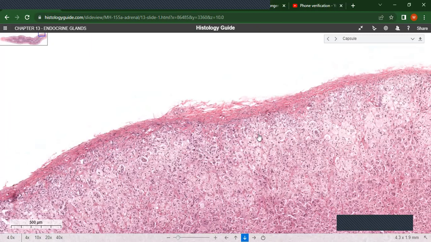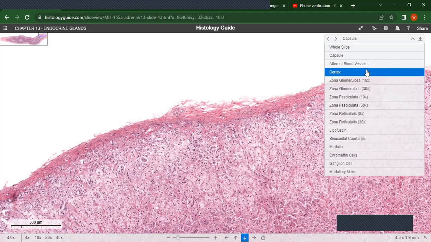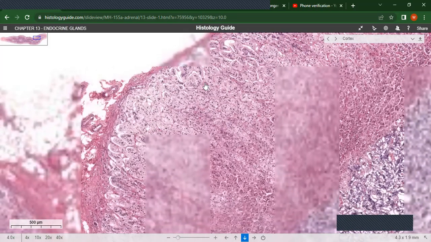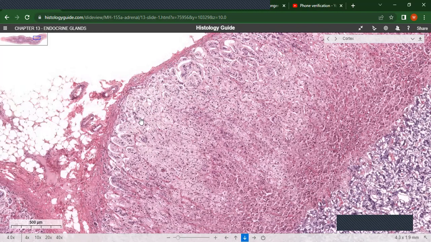Then you can see here that the region just beneath the capsule is the cortex.